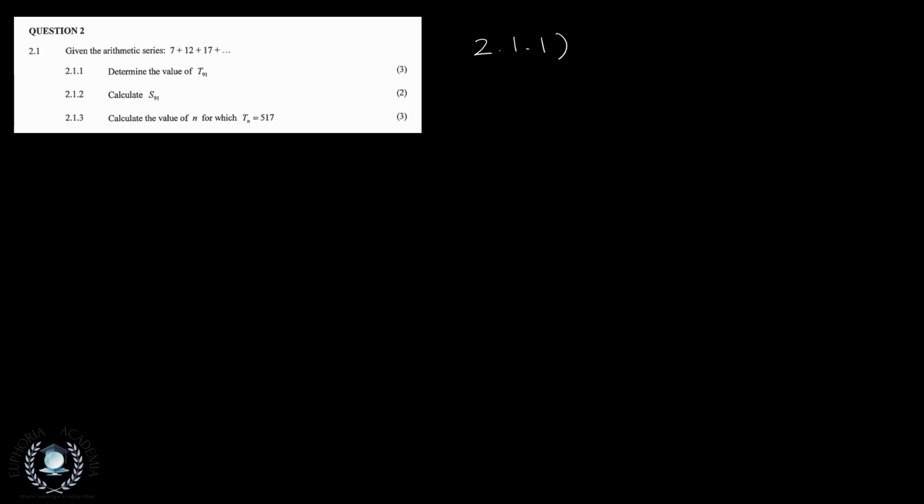Right, for question 2.1.1, we're asked to find the value of the 91st term. Now we're given an arithmetic series, so I'll write down the general form of an arithmetic series, and that is Tn is equal to a plus n minus 1 multiplied by the common difference of d.